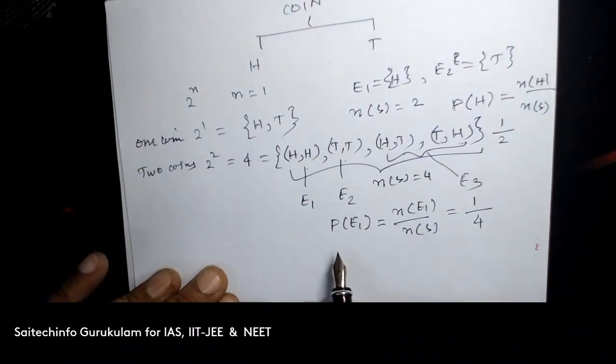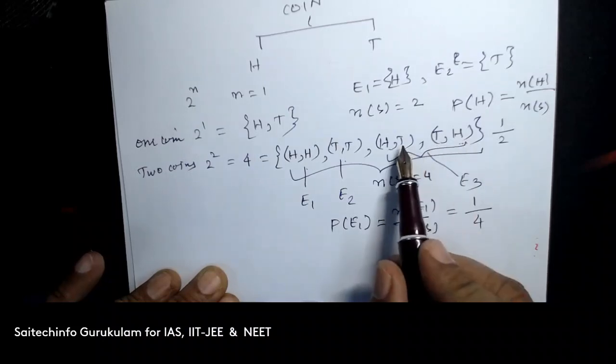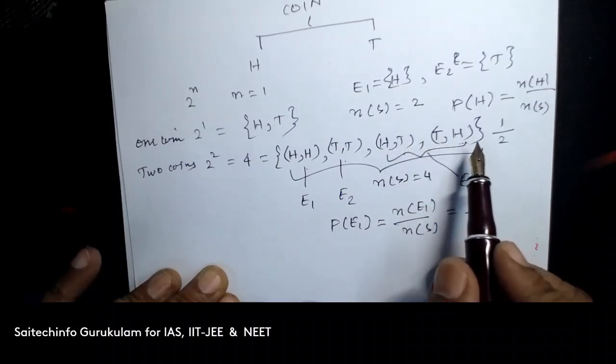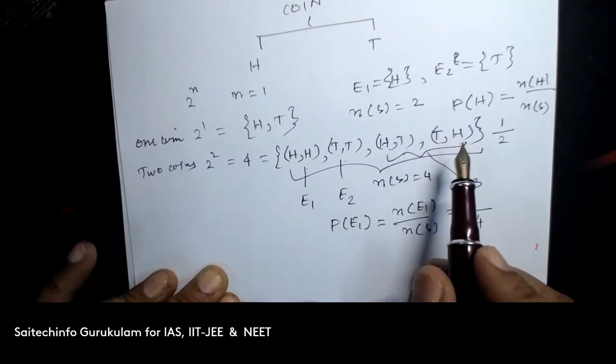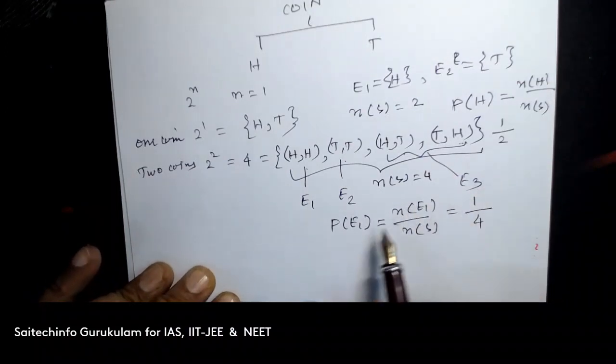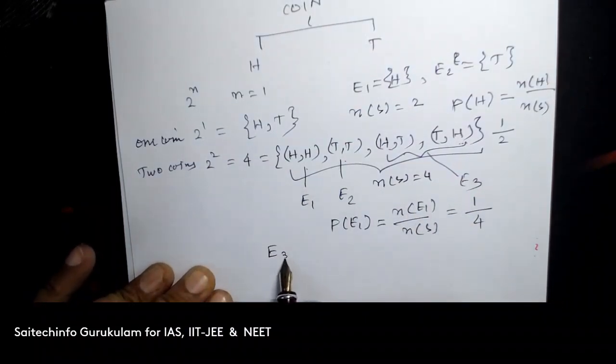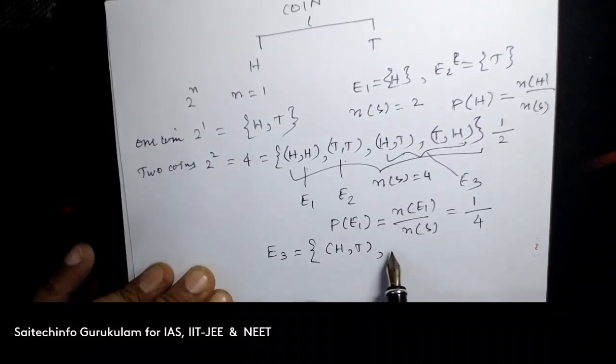Similarly, I want to have the head and tail combination. There are two chances. E3 is two sets: one is the first coin head and the second coin tail, the other is the first coin tail and the second coin head.